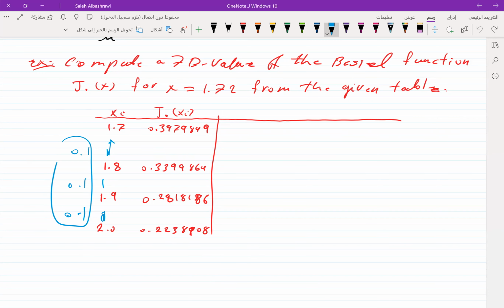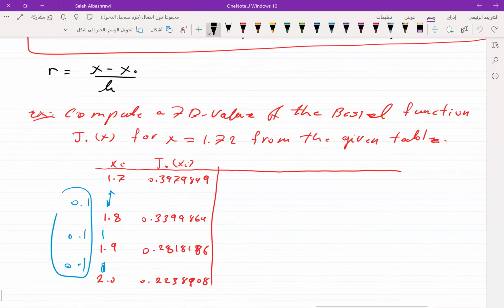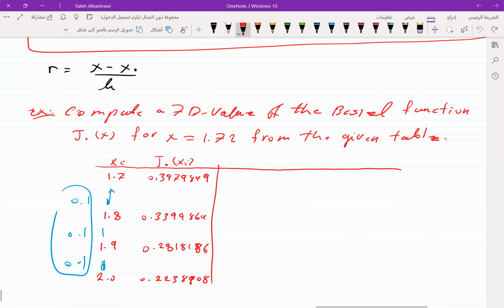But first of all, we have to find the differences. Let's find the first difference of these values, using the calculator.